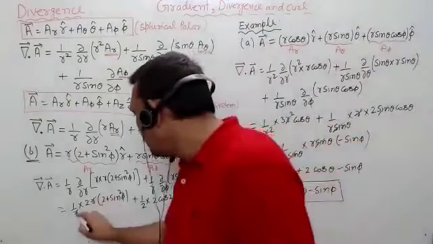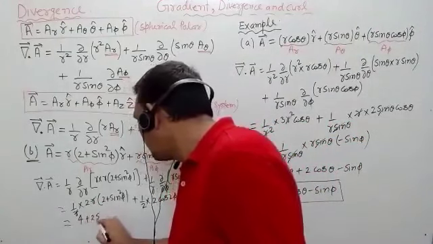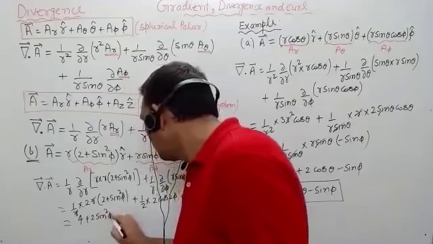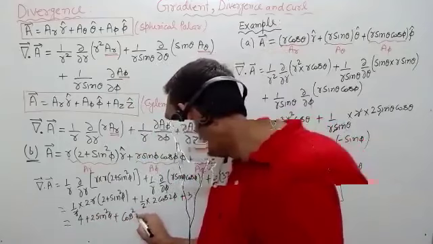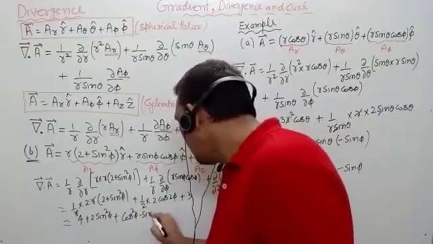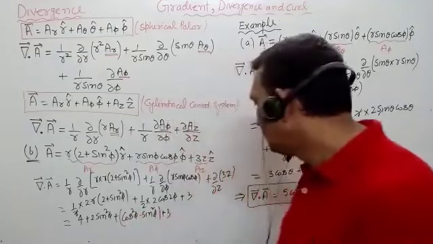So now r will cancel out and this will give you 4 plus 2 sine square phi. Plus 2 will cancel out and cos 2 phi is cos square phi minus sine square phi, plus 3.